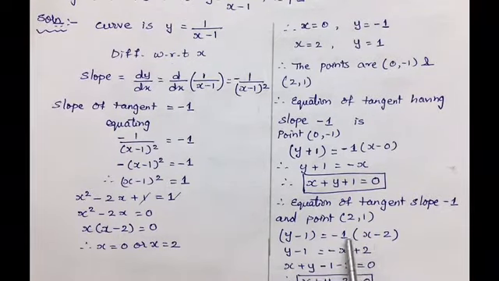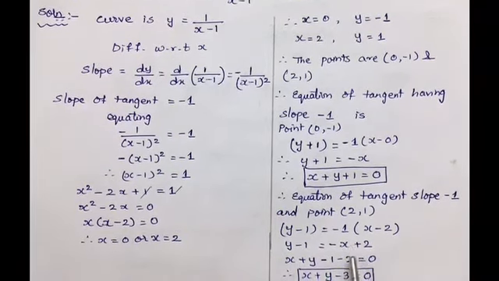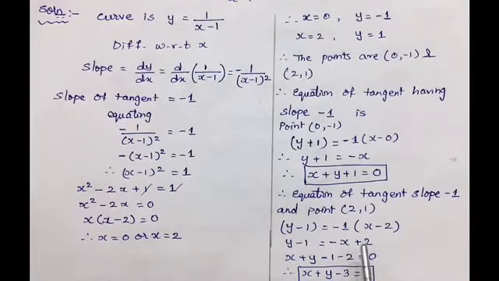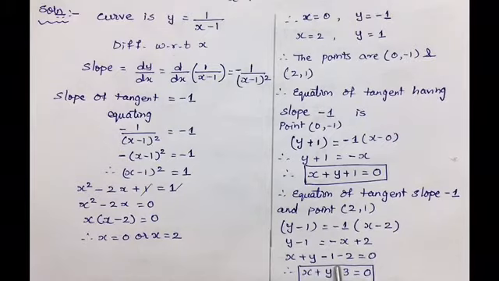Expanding the brackets here, y minus 1 remains as it is. Minus 1 into x gives minus x, minus and minus plus 2. Now taking minus x and plus 2 the other side, we get x plus y minus 3 equal to 0 is the equation of the tangent by taking point (2, 1).